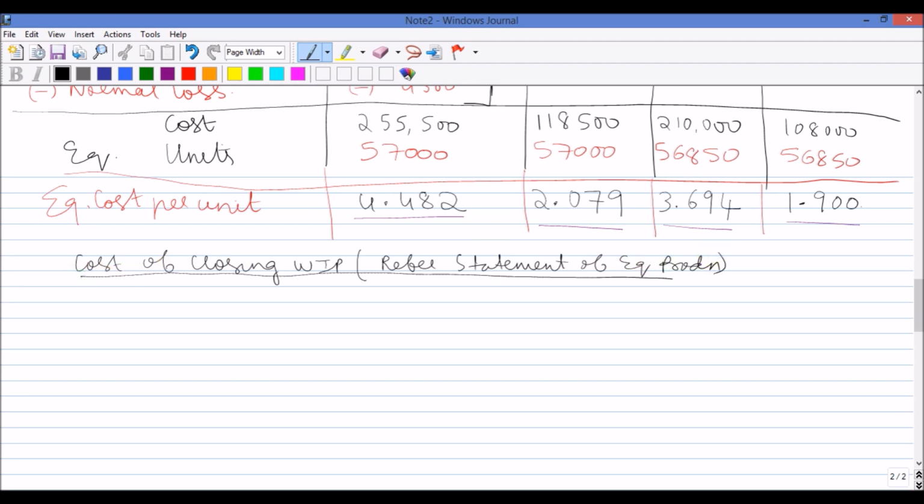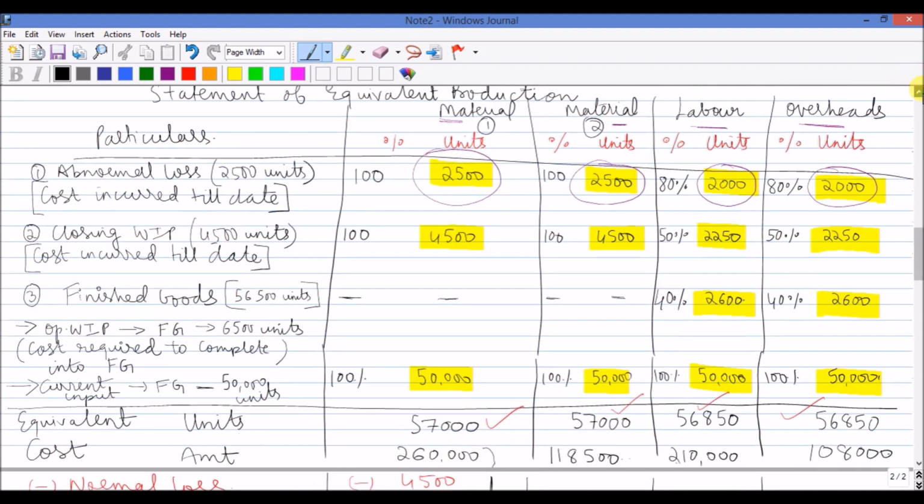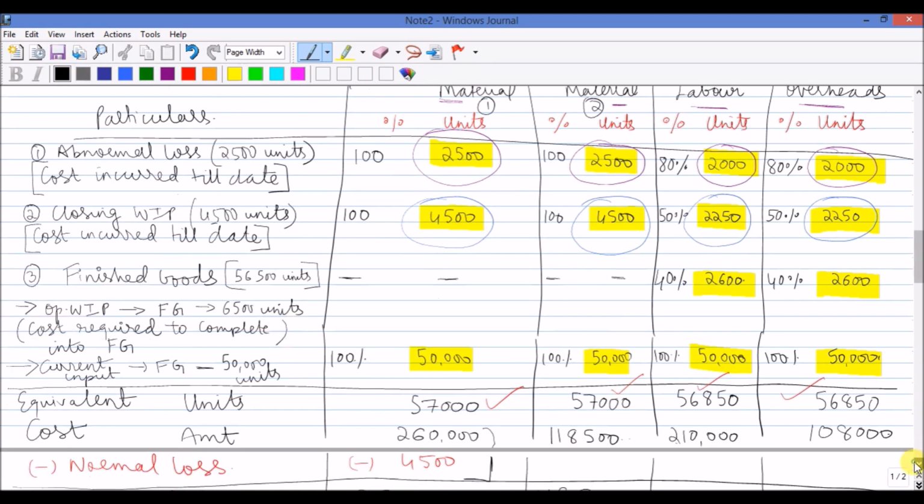So how much cost is involved, let us see. Again I need to highlight it. 4500 units of material 1, 4500 units of material 2, labor is 2250 and 2250. So these are the units which are consumed.